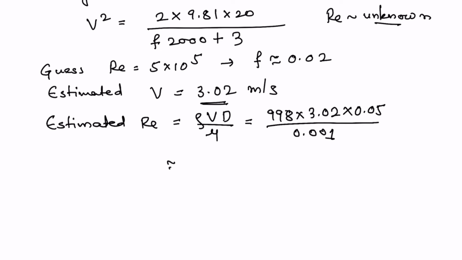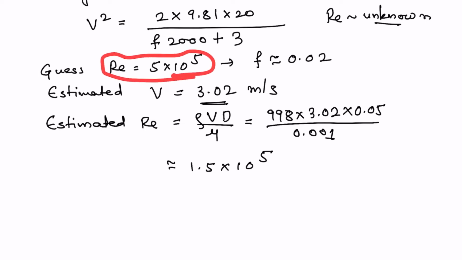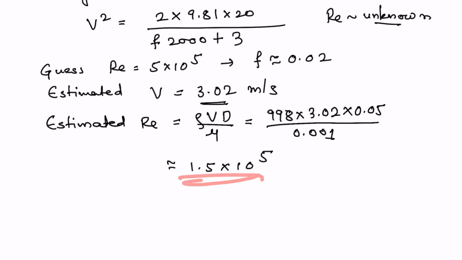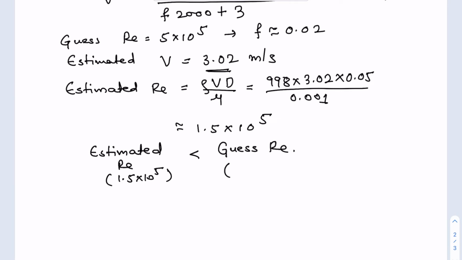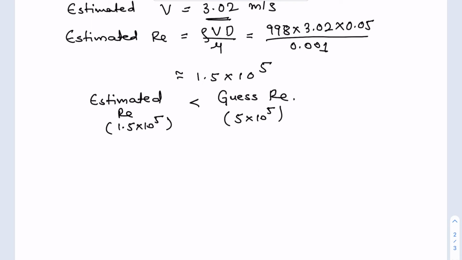So this comes out to be 1.5 times 10 power 5. So the estimated RE is smaller than the guessed RE. So we need to correct for it and improve our guess. We can use this new estimated RE as your improved guess.